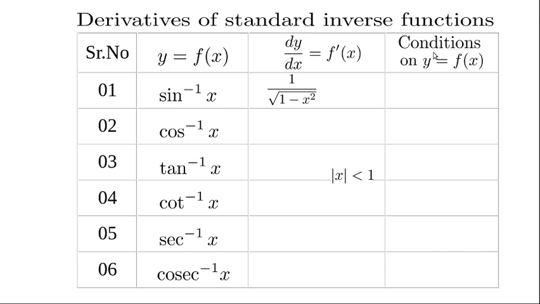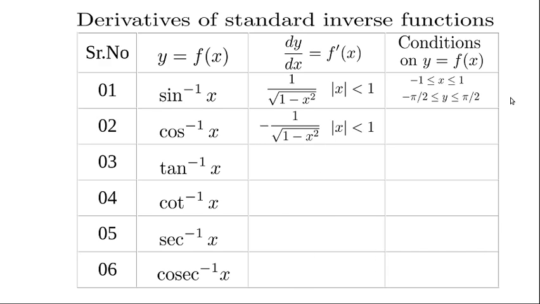This is true when mod of x is less than 1. If y equal to cos inverse of x, then its derivative is minus 1 upon root of 1 minus x square. And the condition on x is mod x less than 1.